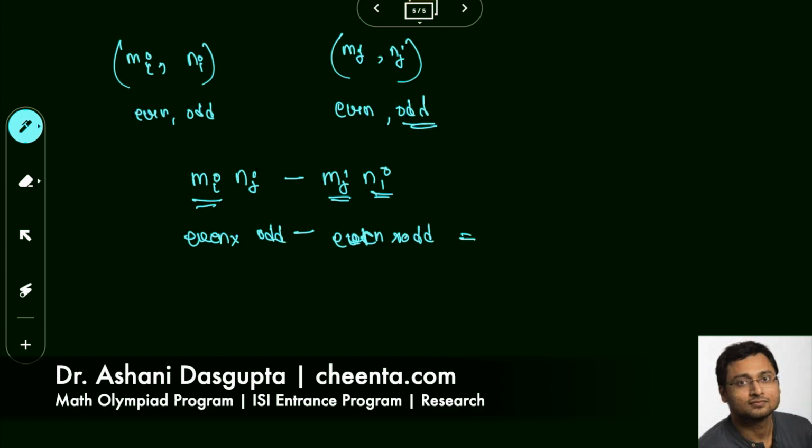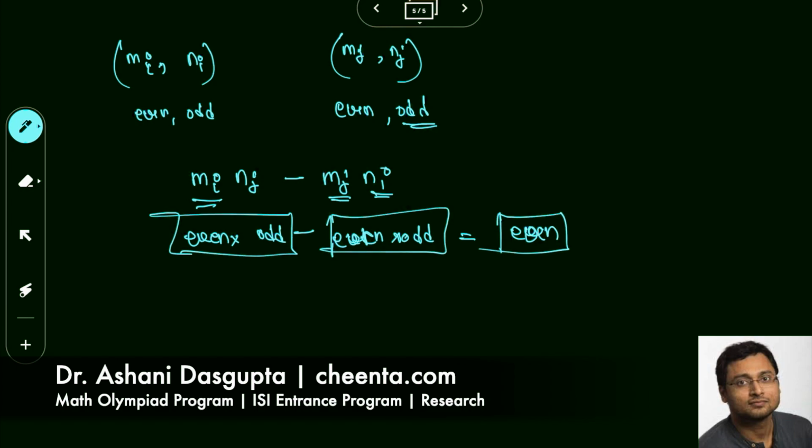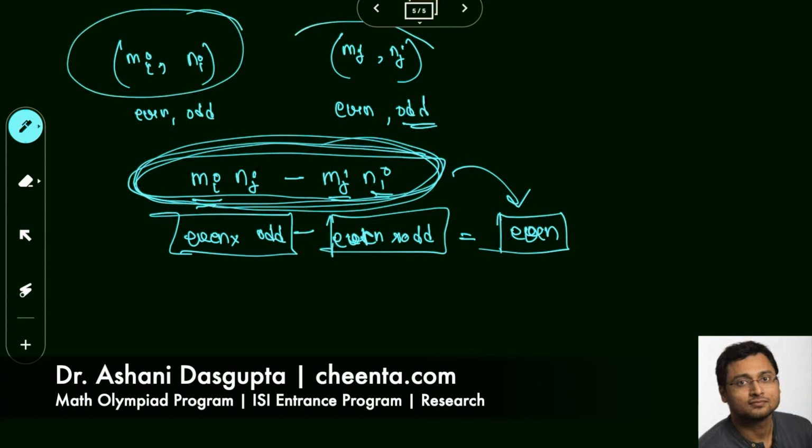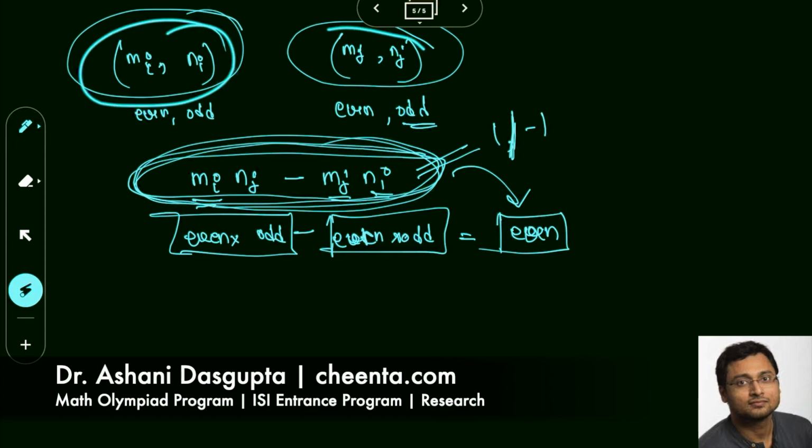So this thing becomes even. Why? Because this is even and this is even, so even minus even is even. So clearly this quantity right here is even if both of these are even, odd. But how can that be? Because this we know is either 1 or minus 1. So it can't be even. That means both of these two quantities cannot have the same parity.